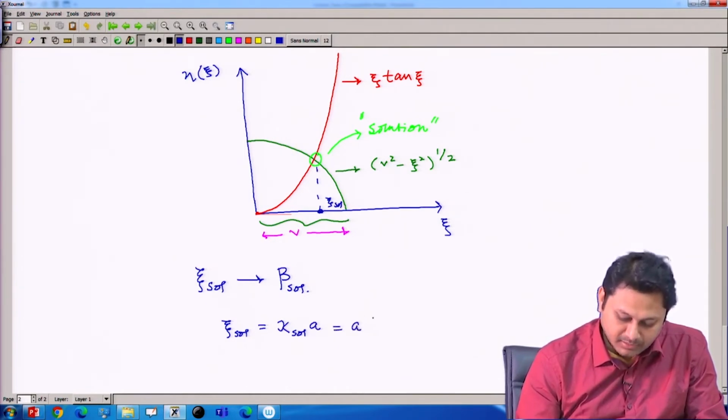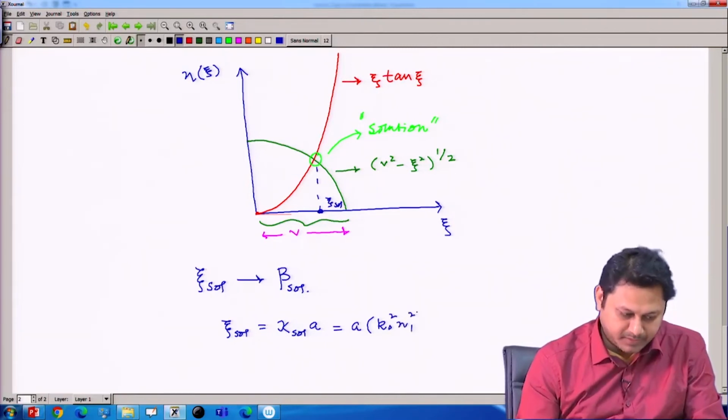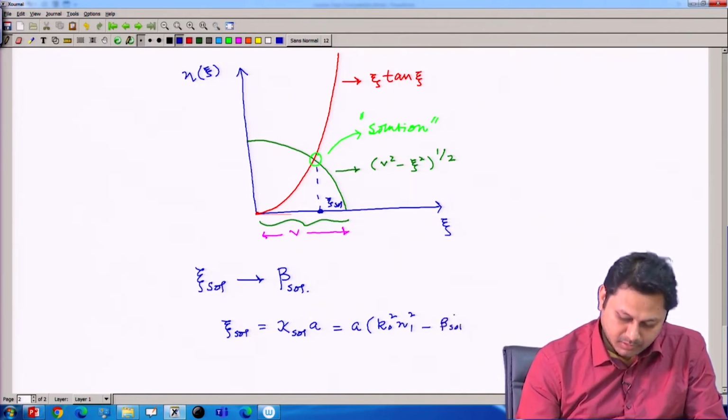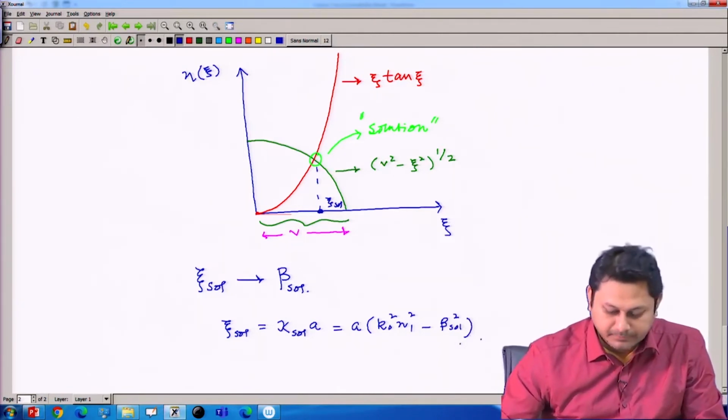So, A multiplied by (k0 square n1 square minus beta sol square) to the power half. Okay.